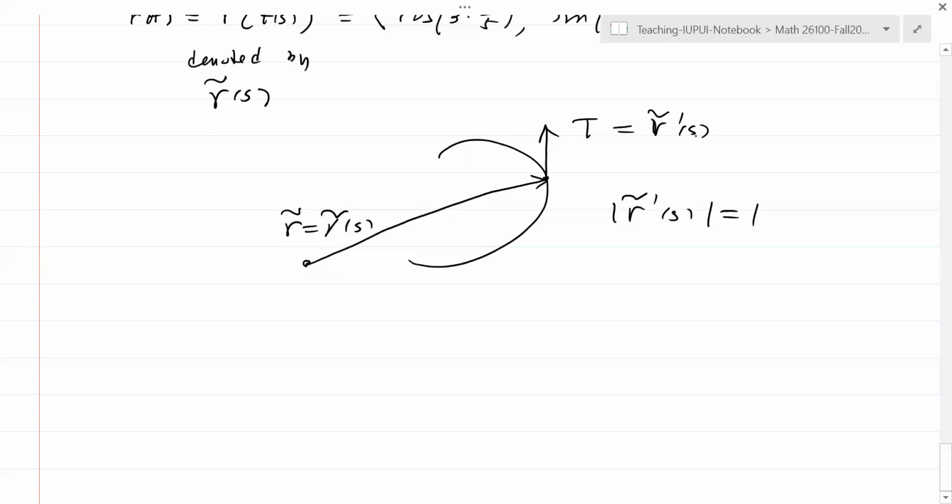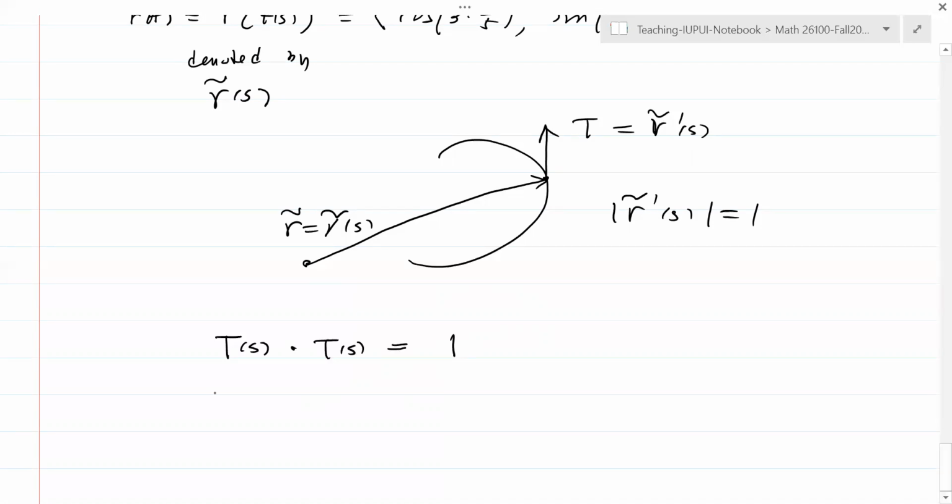So T is a vector function of s. Now, this is a unit vector, so T(s) dot T(s) is going to be 1. Let's use the same parameter and make this simple.